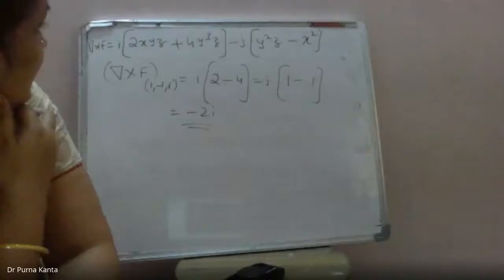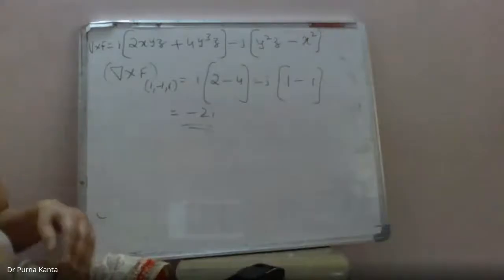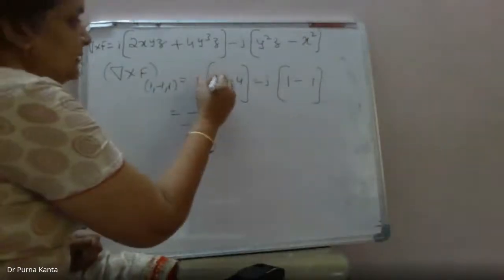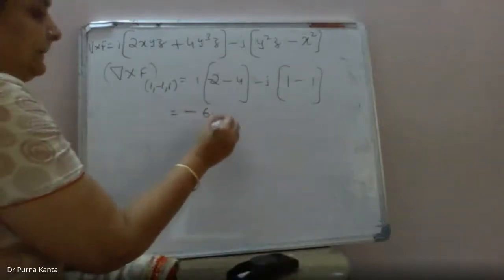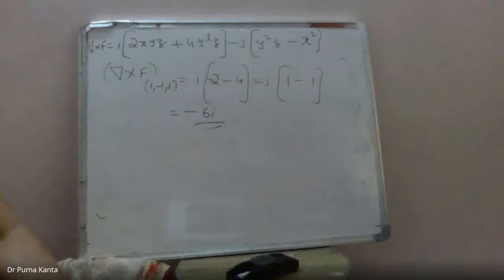Minus 2, minus 4, so minus 6i. Right. This is minus 2 minus 4. Correct. Minus 6i. Okay, shall we go with the next one?